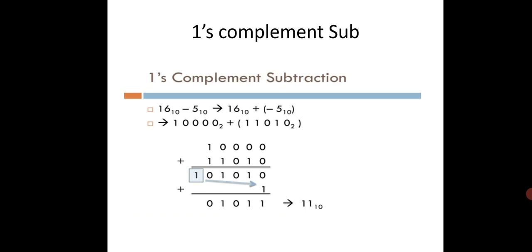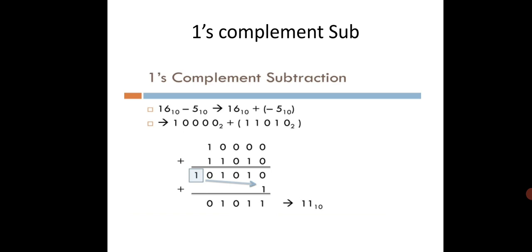So we will start from the left hand side, that is 0 plus 0 is 0, 0 plus 1 is 1, 0 plus 0 again is 0, 0 plus 1 is 1, 1 plus 1 is 0, carry 1. You will write down the carry at the bottom of left hand side. So again you have to add this carry.